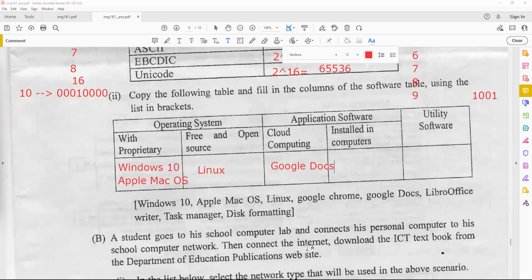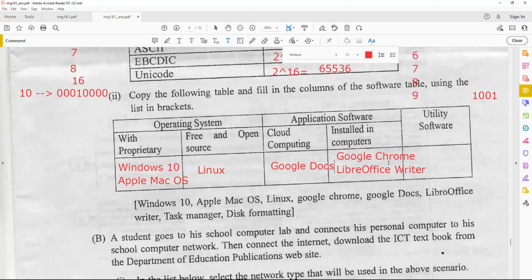What are the software you can think of from here that can be installed? Google Chrome. Yes, first one, Google Chrome, that's a web browser. Yeah, that is there. And then LibreOffice. Right. Okay. So that is again right.